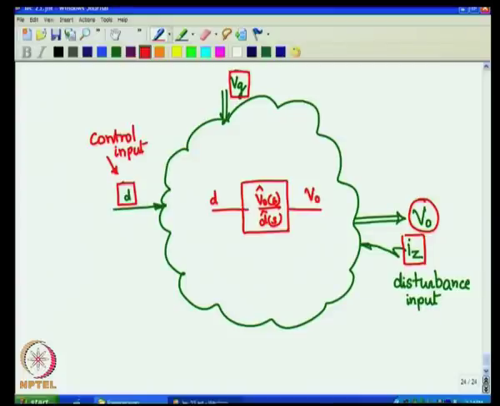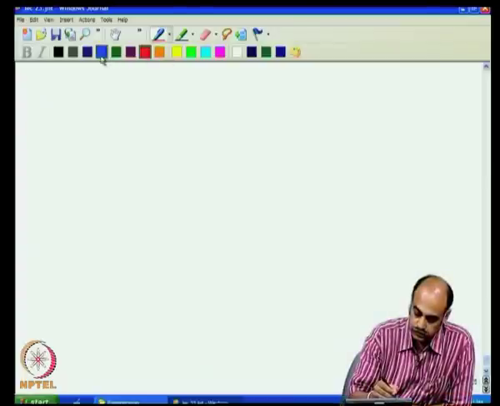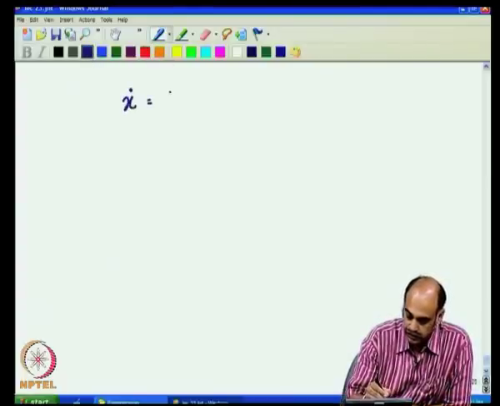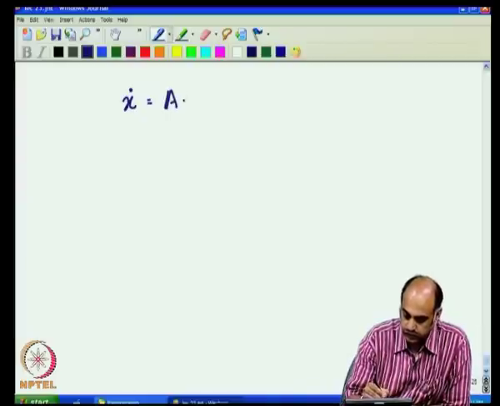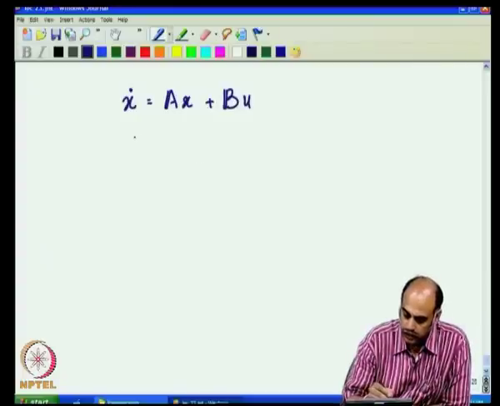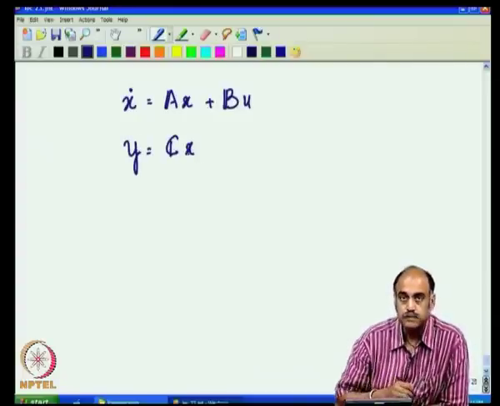So, this is the control transfer function model that you will be using. Now, let us see how we go about getting the transfer function from the state space model. You know that the state space model is given by x dot equals Ax plus Bu and y is equal to Cx.